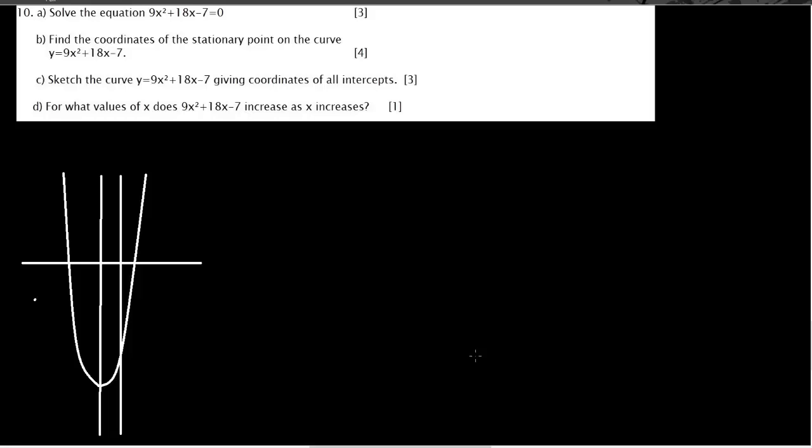Question 10 says solve the equation 9x squared plus 18x minus 7 equals 0. We'll just sketch the equation there for later on, but first of all we'll solve it.